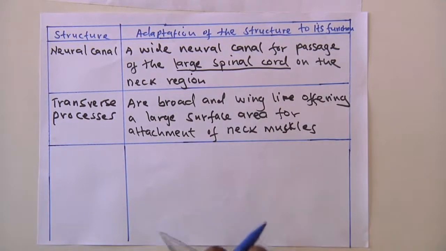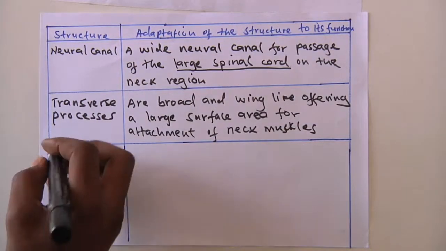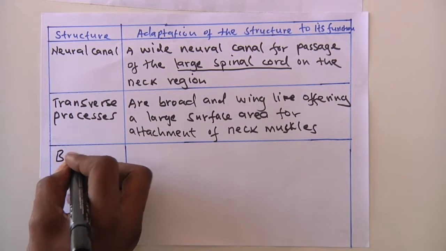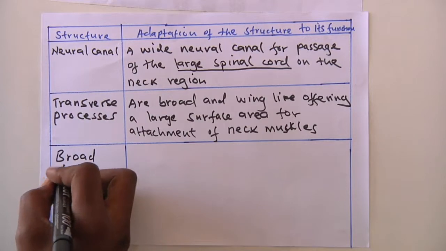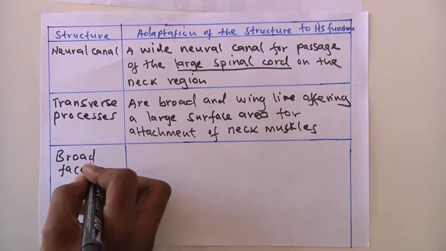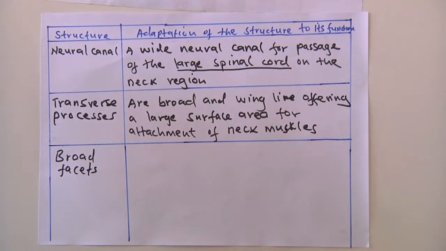The third part of the cervical vertebra is what we call the broad facets. And what is the importance of these broad facets?